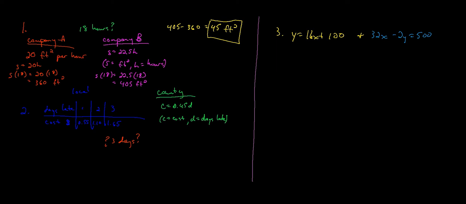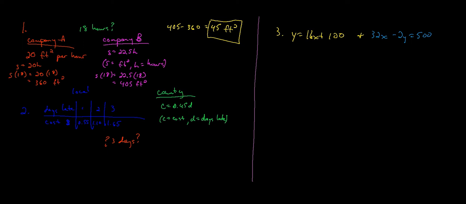The fees charged by the local cooperative library are given in the table, with it being 55 cents for 1 day, $1.10 for 2 days, and $1.65 for 3 days. We're asked to compare the functions' y-intercepts and rates of change, and then we're also asked at 3 days late, when you return them, what are the late fees on each book?